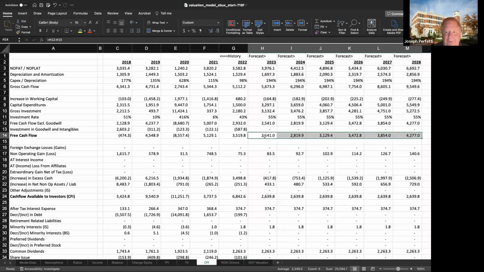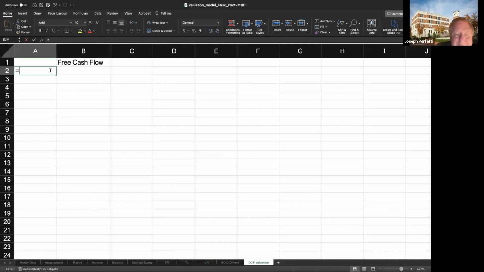I want to take the first 5 years, and that's my year by year forecast period. Year 6, continuing value. So the first 5 years of free cash flow are my year by year forecasts. Starting with 2023, I go down the rows as opposed to across the columns.